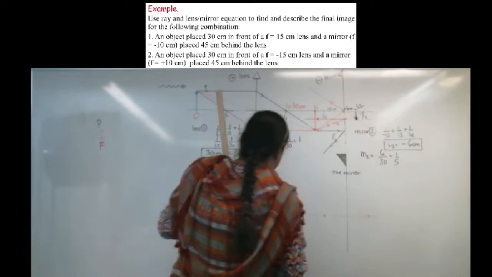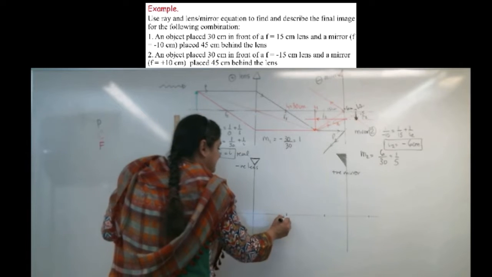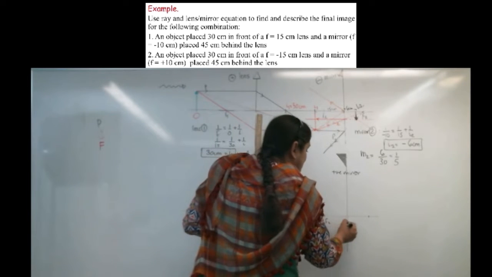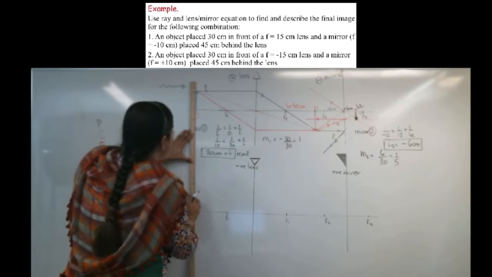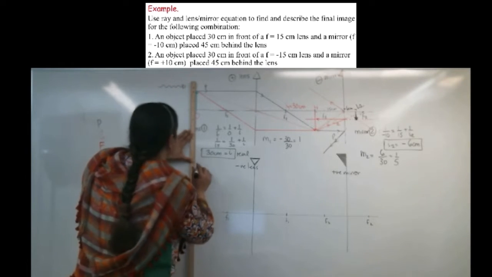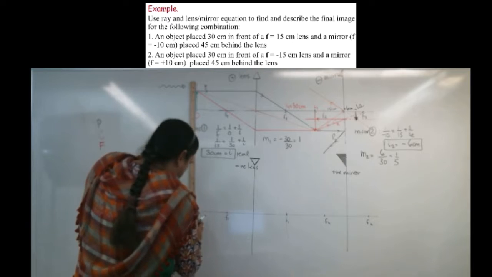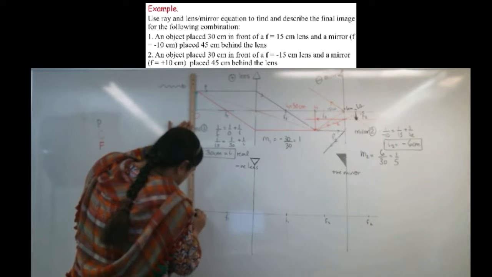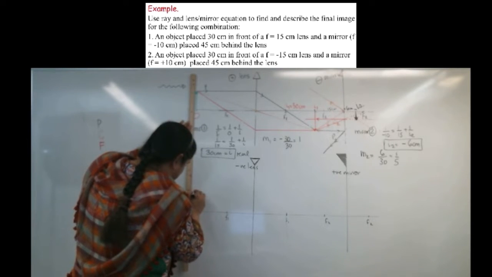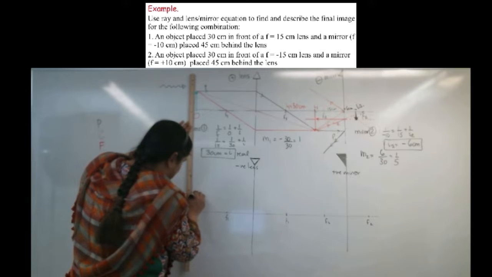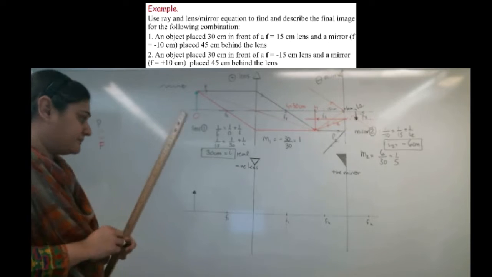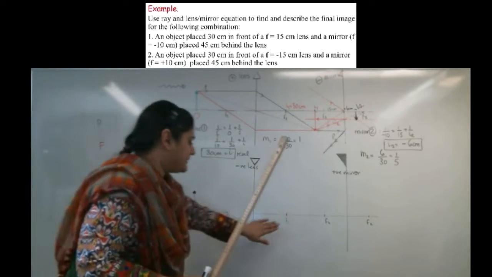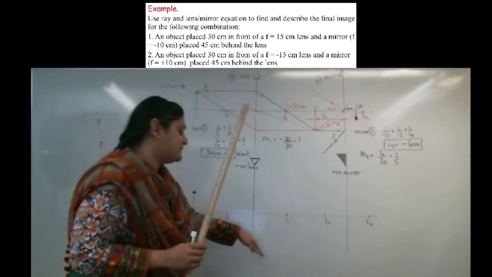So I'm still going to have F1, F1, F2, F2, and I'm going to have my object, which is going to be at the same distance. For this one, I'm going to call this 10 centimeters. And this is my object. Okay. So, first off, my picture is sort of complete.